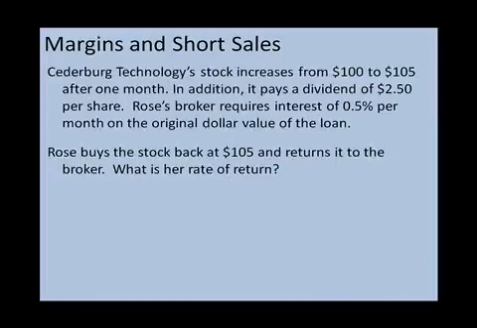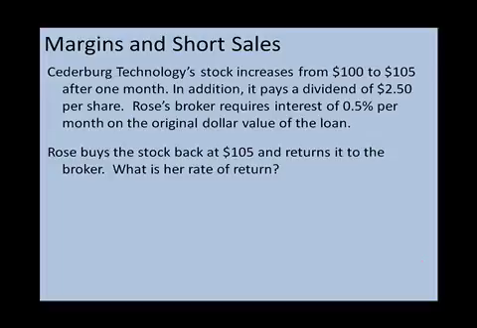As the final part of this example, let's consider the returns on Rose's position. So suppose Rose decides to short sell, and after she sold, Cedarburg Technology stock actually increases by 5% from $100 to $105 after 1 month.